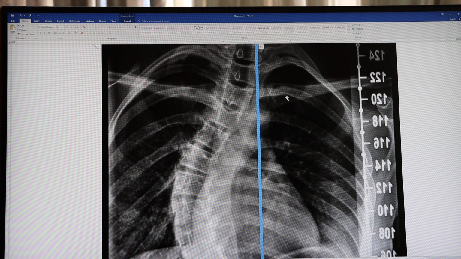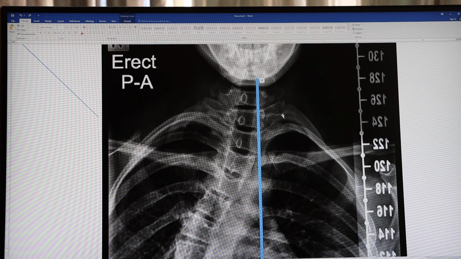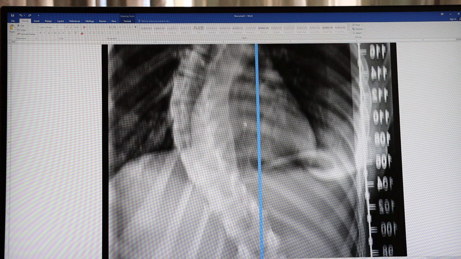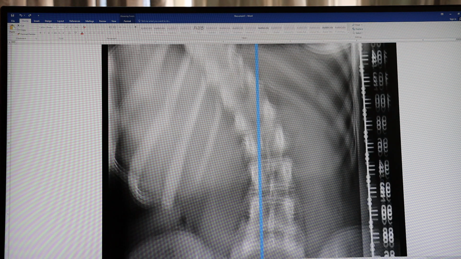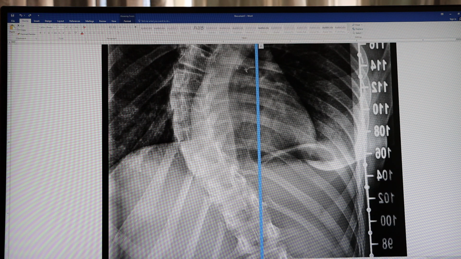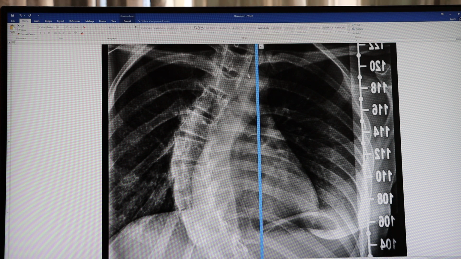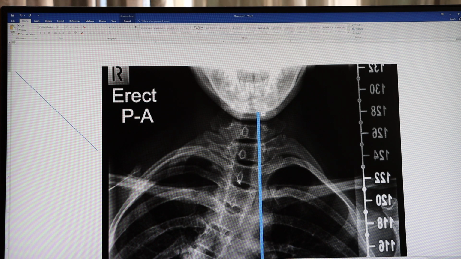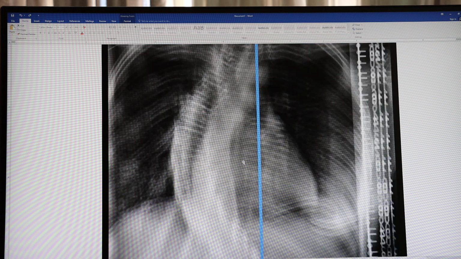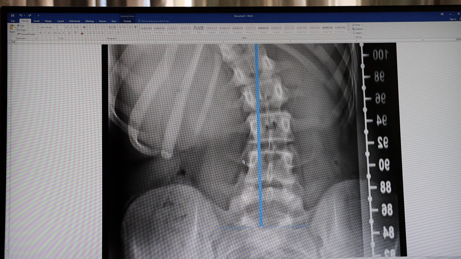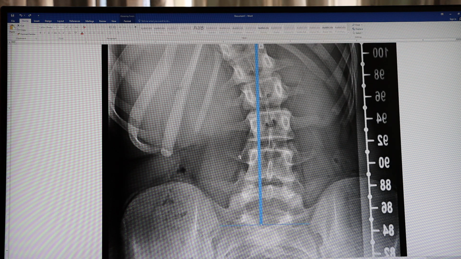Here are the ribs. You'll have to memorize the shape of the ribs, and then the heart, and then the diaphragm. And always this shadowing, this whitish area here, is a question for you to answer. What is this? You should know by now because you've taken the diagnostics course.